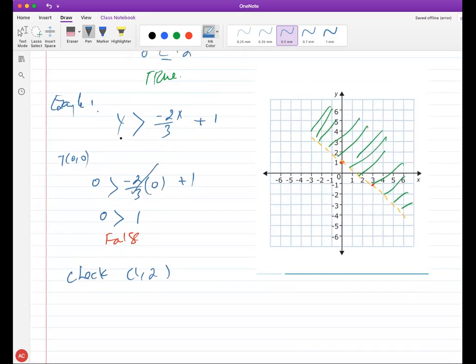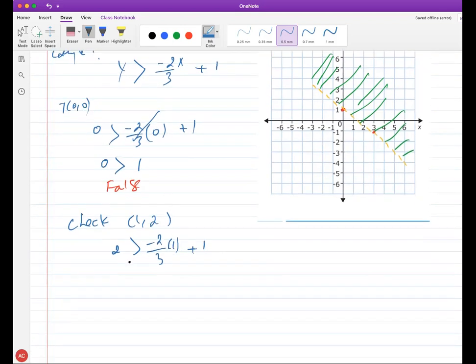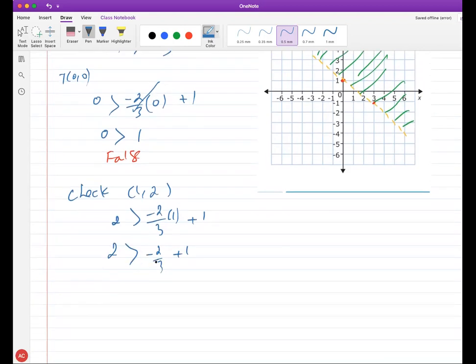So y is 2, and -2 over 3 times x is 1, plus 1. Okay, and we can see what happens here. So negative, this number here is less than 0. If you add it to 1, it will be positive and it's less than 2. If you don't want to do the math, you can see it that way.